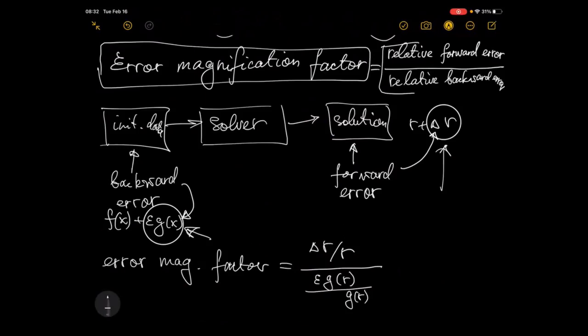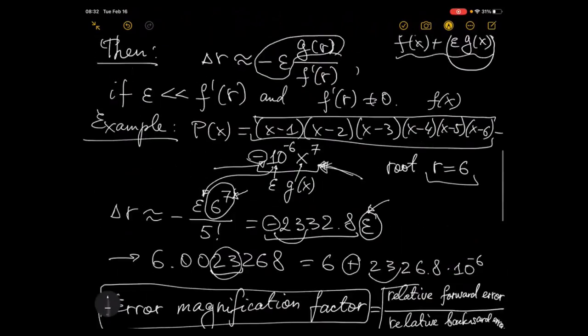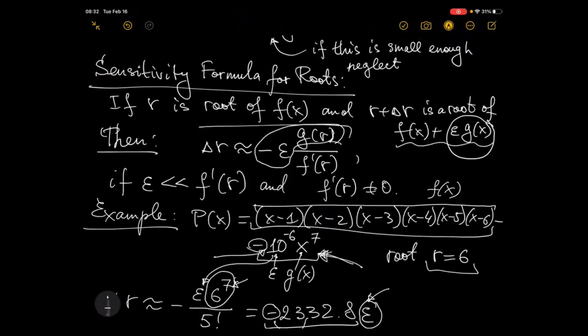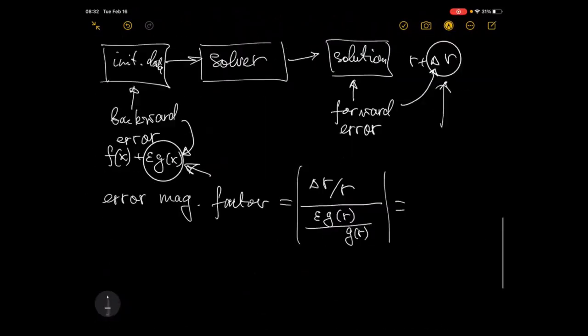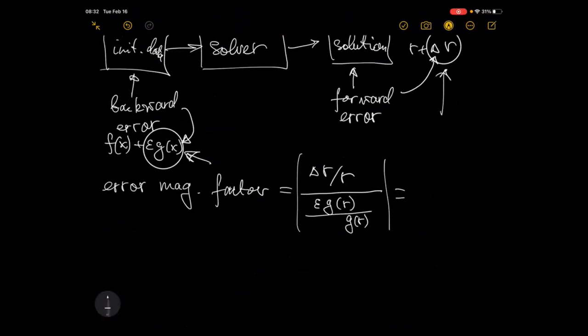So using the formula which we just derived, this fraction will be nothing else but minus epsilon G of R divided by R F prime of R, divided by epsilon.